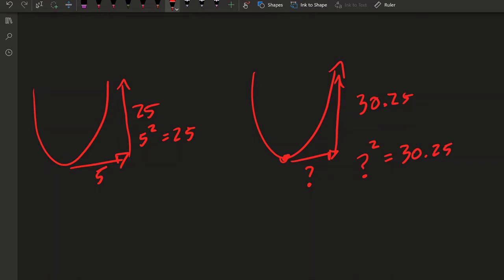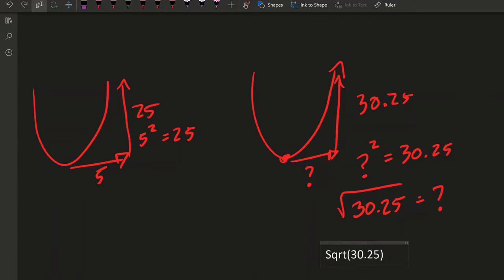Well, what I can do here is an inverse operation: if some number squared equals 30.25, then the opposite of square is square root. The square root of 30.25 must be that number. So that means I can just square root 30.25, and that tells me that I need to go to the left and to the right 5.5.